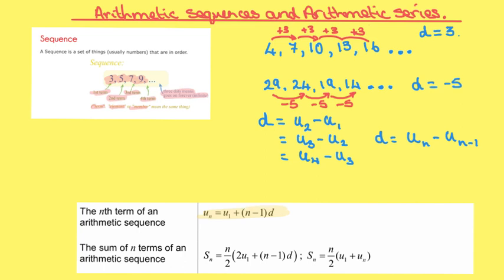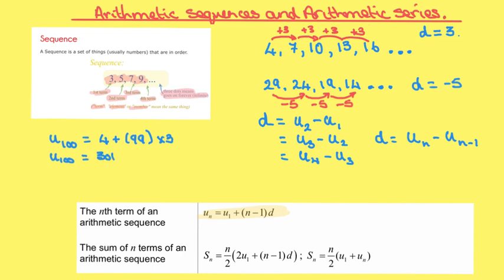So if you want u100, it is equal to u1, the first term, 4, plus n minus 1, n being 100, so that's 99, times d, which is 3. So using a calculator, u100 is 301.